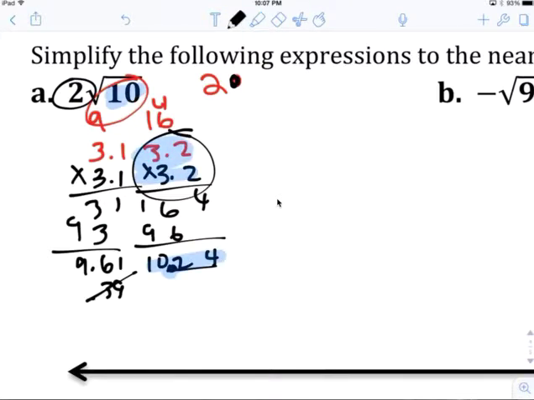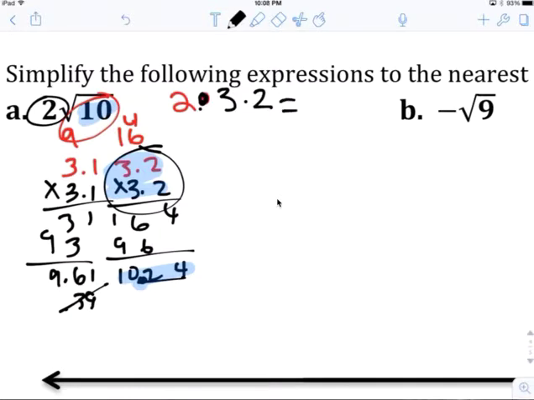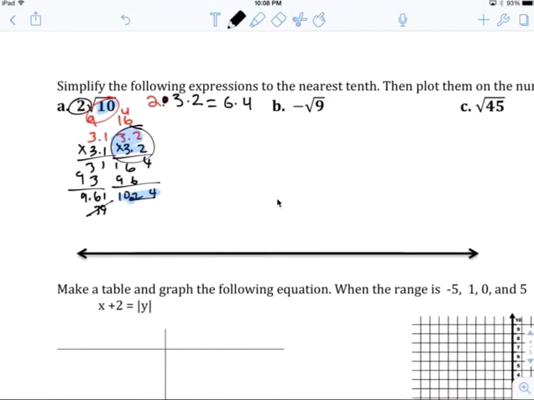So 2 times 3.2. Multiply that, you get 6.4. 6.4 on the number line, so let's say 0 is here. 1, 2, 3, 4, 5, 6, 7. 6.4 is right here.